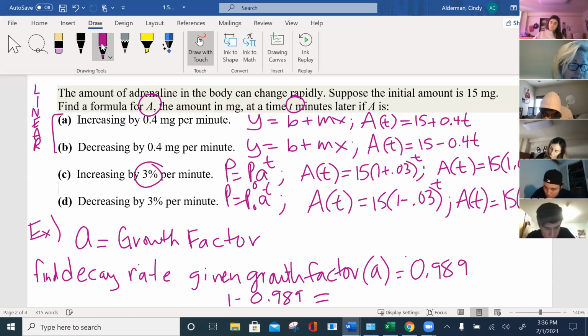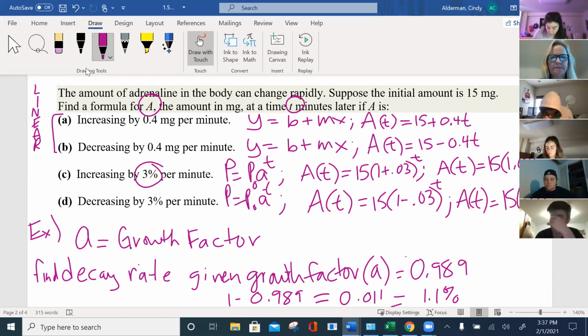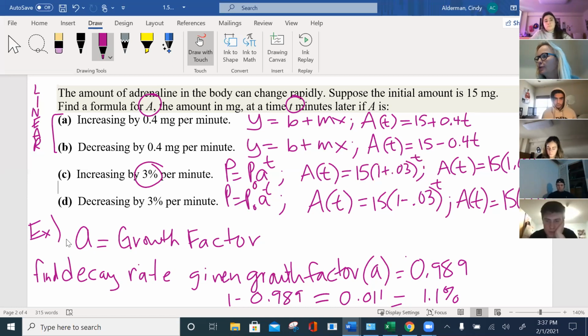And in this case, you would get 0.011, which is equal to 1.1%. Just a little side note on how to find that. It's easy to find the growth rate if I give it to you as growth, right? If I say 1.03, what's the growth rate? Oh, you look at it, oh, it's 0.03, obviously, because that's how much more than 1 it is. Okay, moving on.